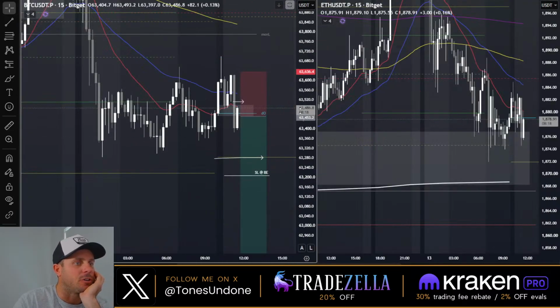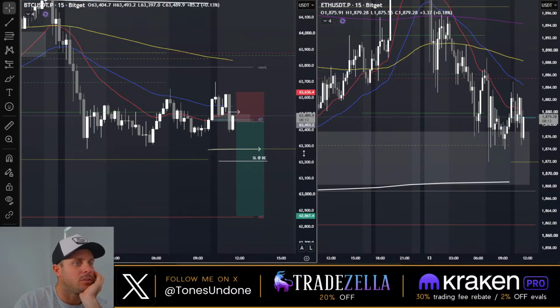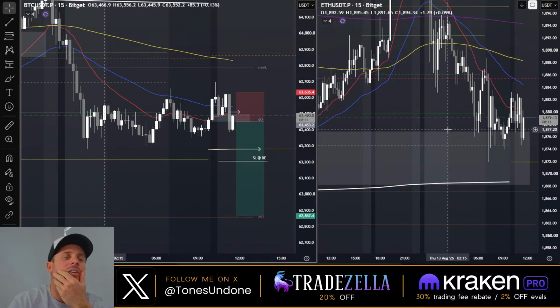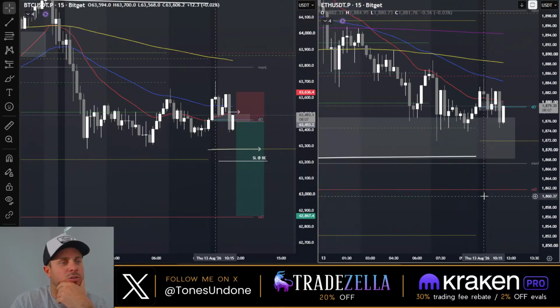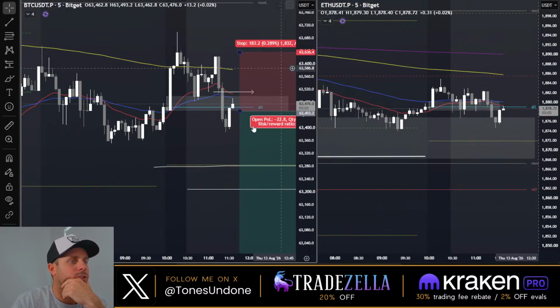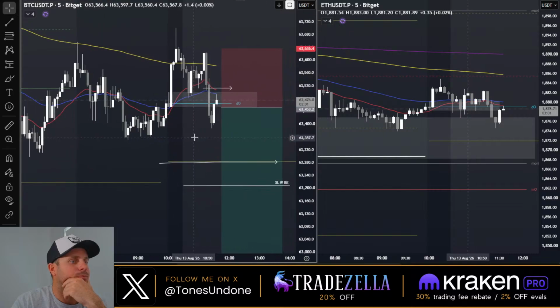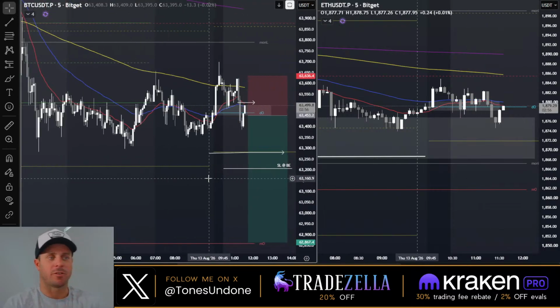Like I said, if we get an inverted hammer here, that'd be nice. It's not the smack in the face trade I was talking about earlier. But it is quite respecting some of my favorite setups.